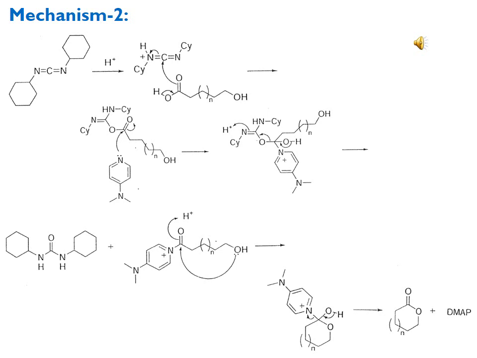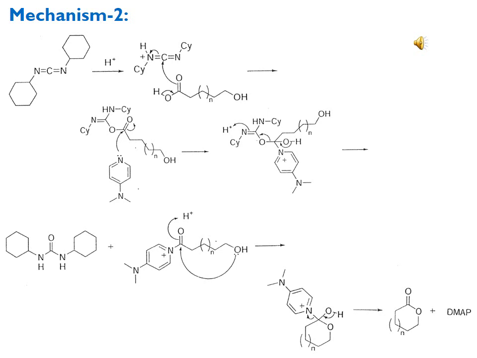mechanism. After the attack of this pyridine we get the final intermediate in which the pyridine nitrogen is getting the positive charge. Because of 4 bonds on nitrogen we are apparently giving it a positive charge, but this positive charge can be counterbalanced, or should be removed, by the movement of the double bond on the nitrogen, and the benzene ring should move in such a way.